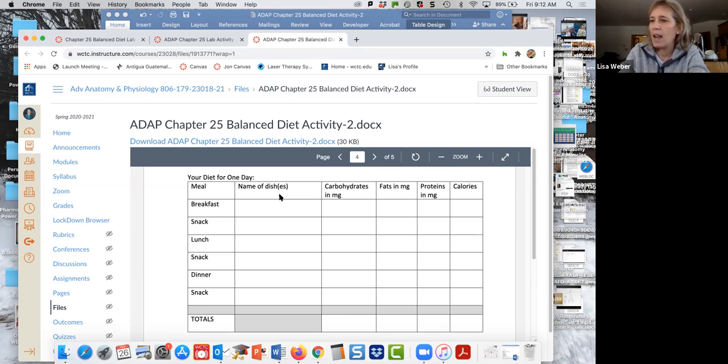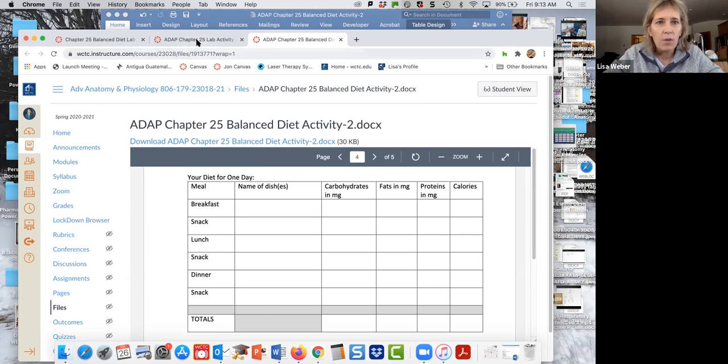If you just wanted to add a breakfast meal, you could put in the search field, say, sausage burrito from McDonald's. You can look right away and it tells you exactly how many grams of carbohydrates, fats, and proteins you have. So you can do that.